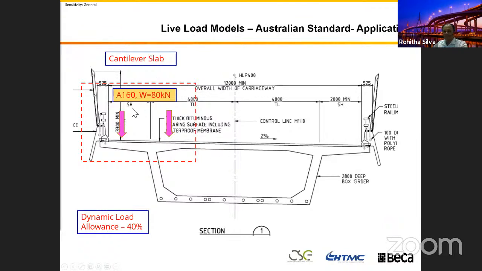where we use the A160 axle in this situation. You can move this one around in here as well. But when you design the middle section of this box girder, this load won't govern, because your truck will put a heavier load. You can have more trucks, because when you design this one, you use only one axle in here.